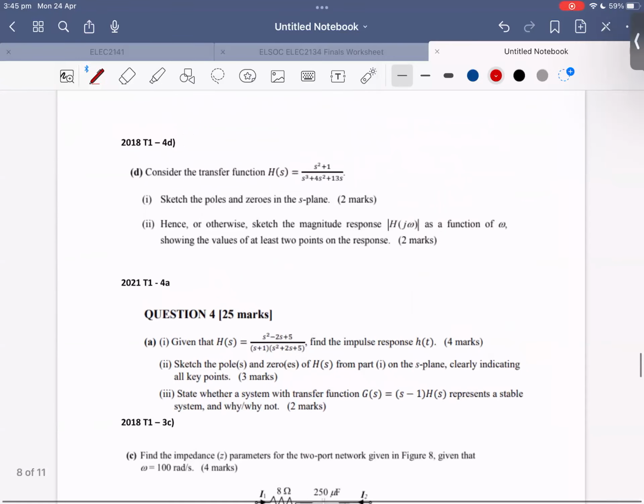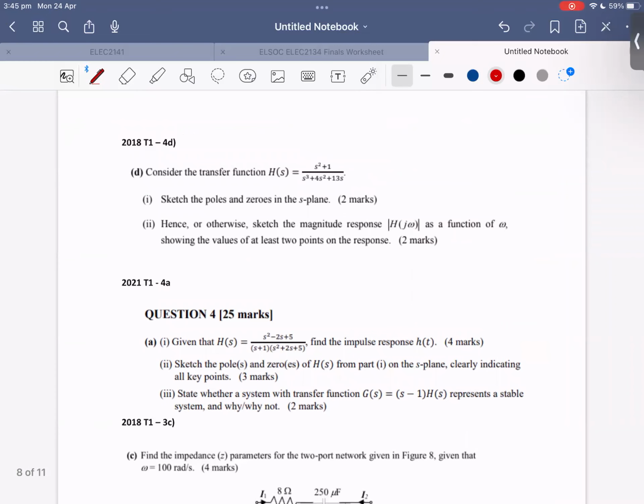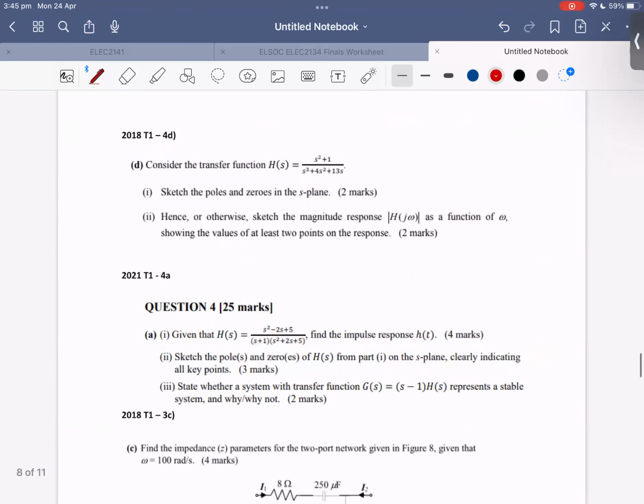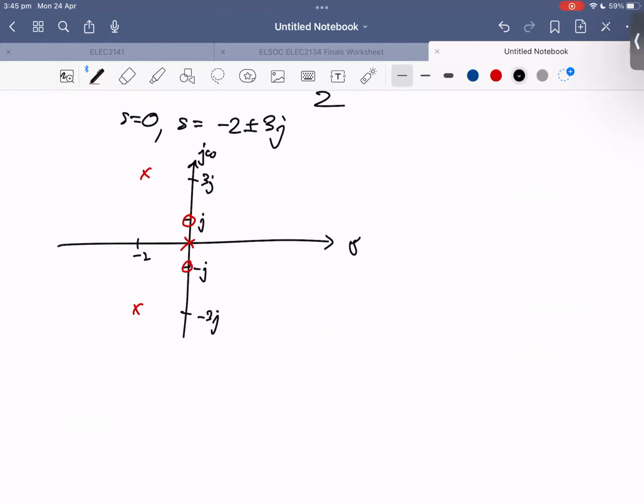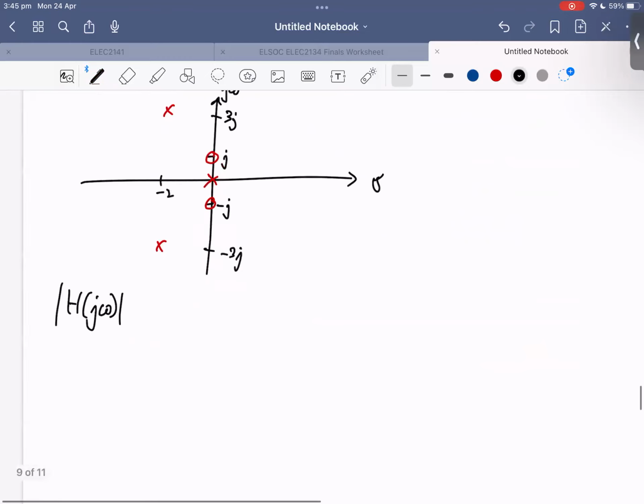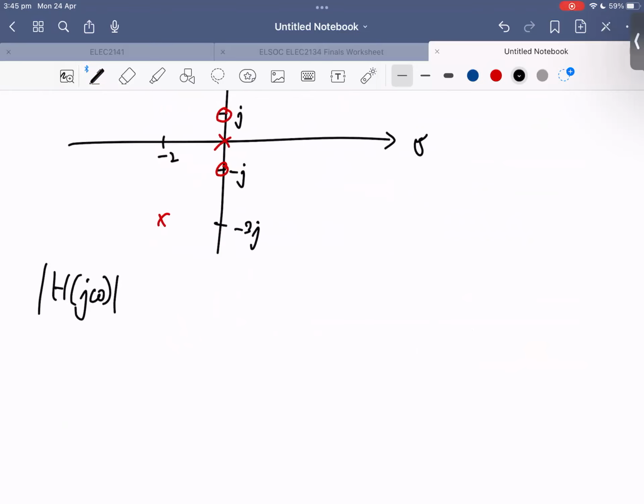Then it says, hence or otherwise sketch the magnitude response H of j omega as a function of omega, showing the values of at least 2 points on the response. The way to do this is to just sub in s equals j omega and find the magnitude of that. So I'll find H of j omega first.